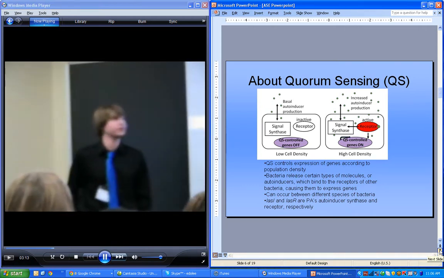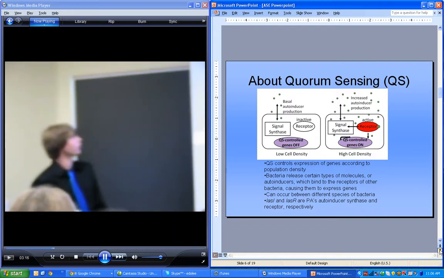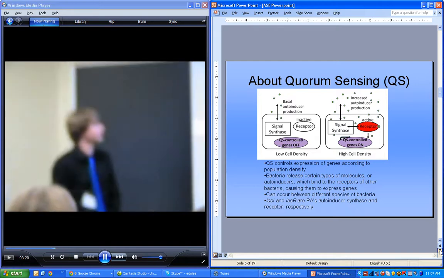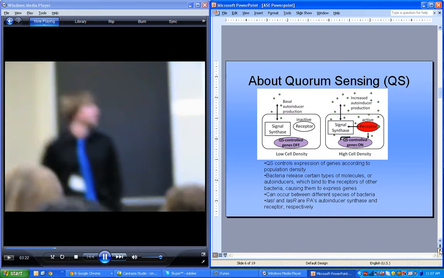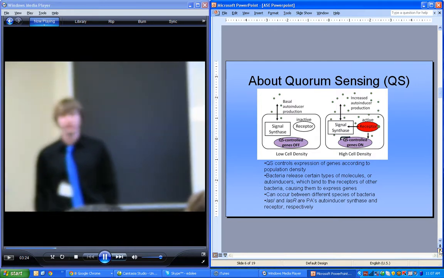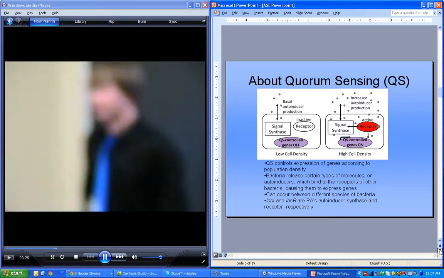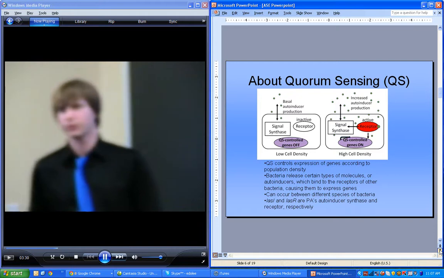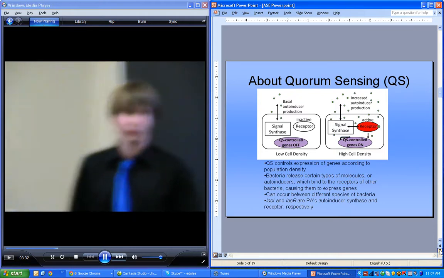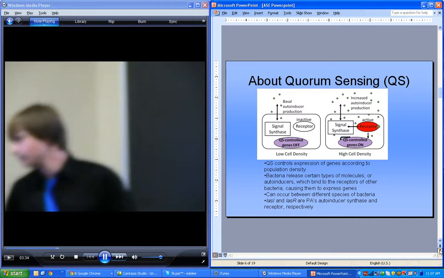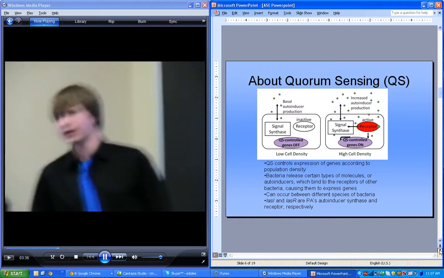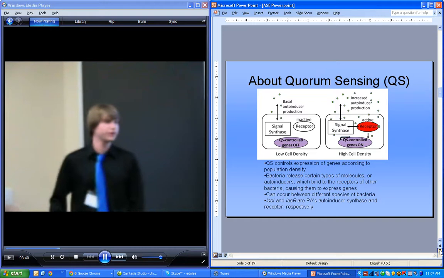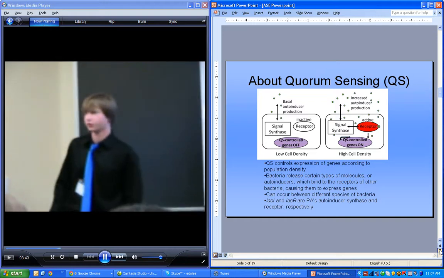But once cell density increases, more autoinducers will be produced by surrounding bacteria, and they'll be able to attach to the bacterium receptor, which causes quorum-sensing to activate, which lets the bacteria express their virulence factors. And this can occur between different types of bacteria, not just Pseudomonas aeruginosa. LasI and LasR are the autoinducer synthase and receptor of Pseudomonas aeruginosa respectively.